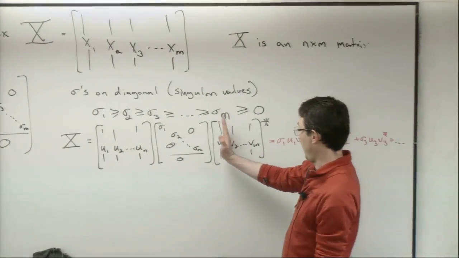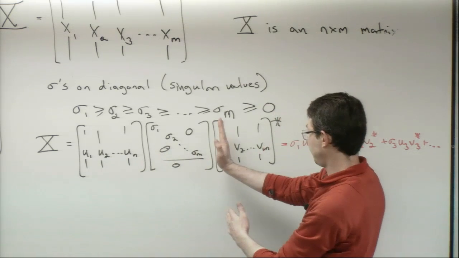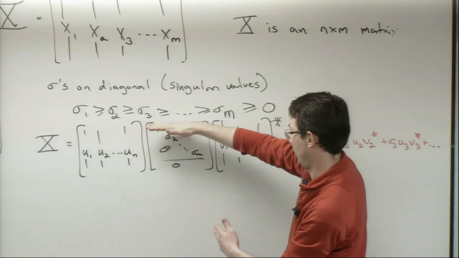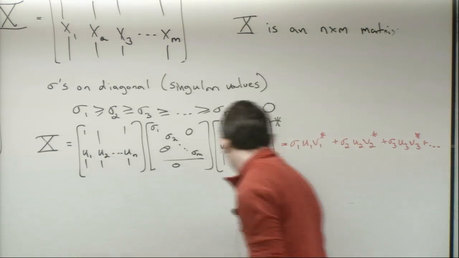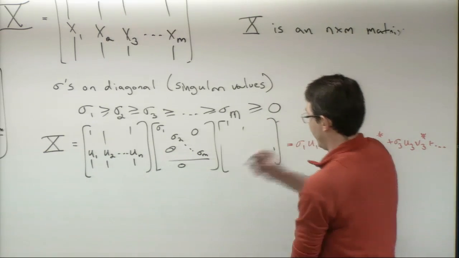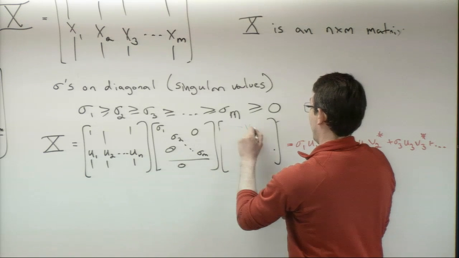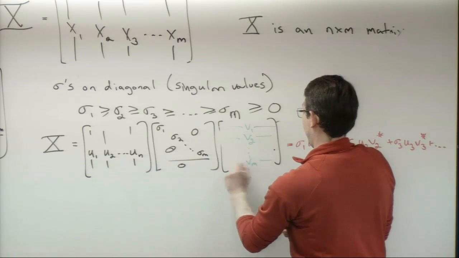So let's take V star times sigma. This whole thing is transposed, so it should really look like V1, V2, dot, dot, dot, Vm star.